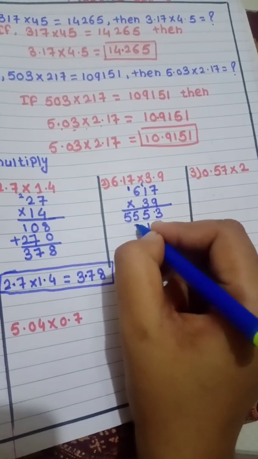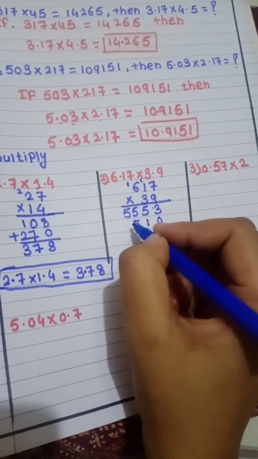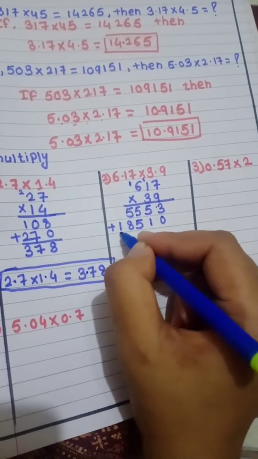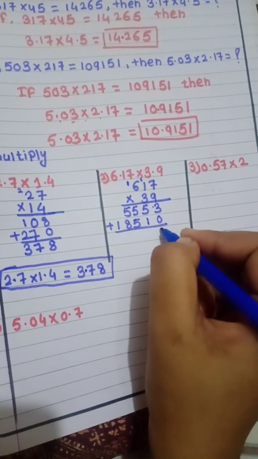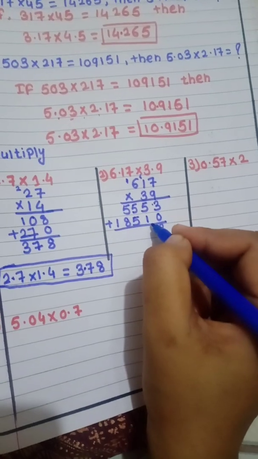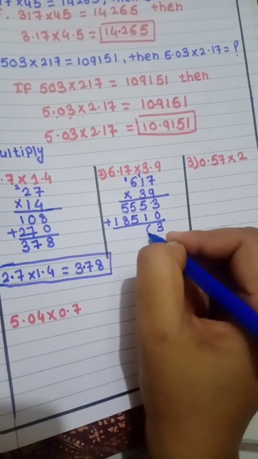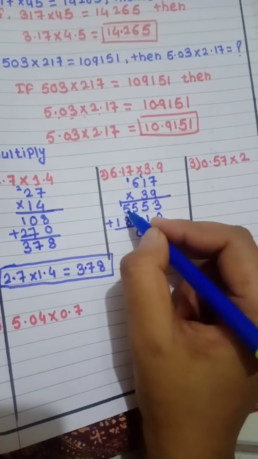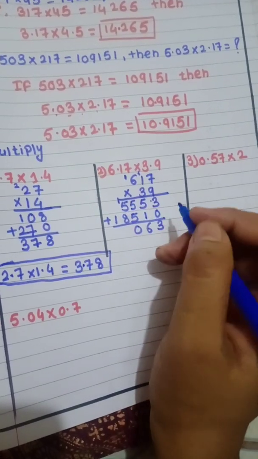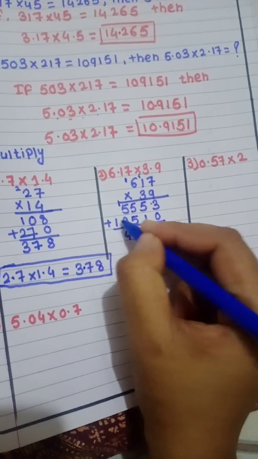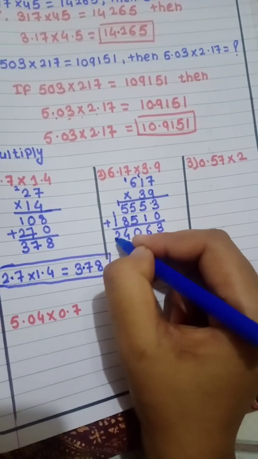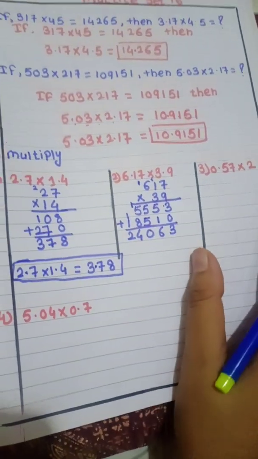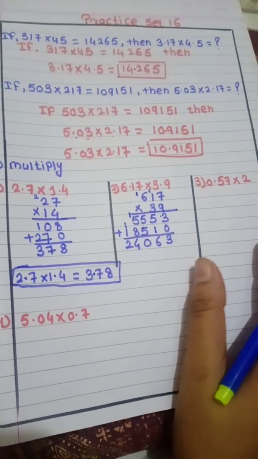3 6s are 18. So I'll add. 3. 5 plus 1, 6. 5 plus 5, 10. 0. Carry 1. So 8 plus 5, 13. 13 plus 1, 14. 4. Carry 1. 1 plus 1, 2. So the answer is 24,063. Okay.